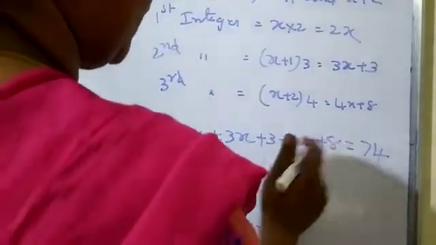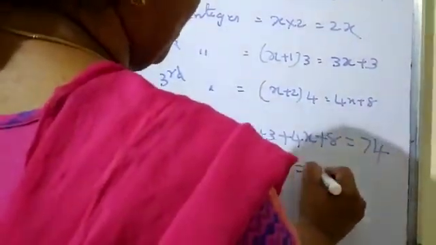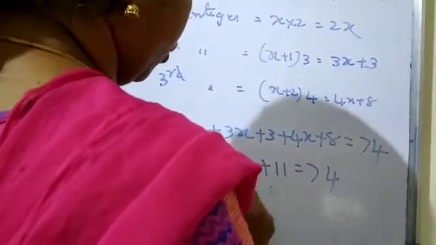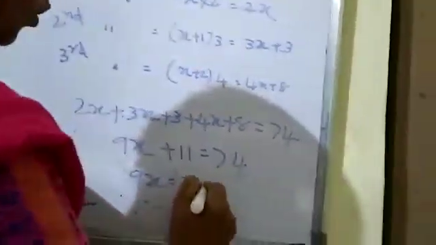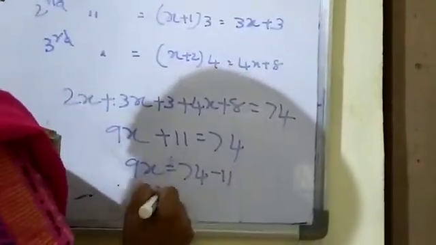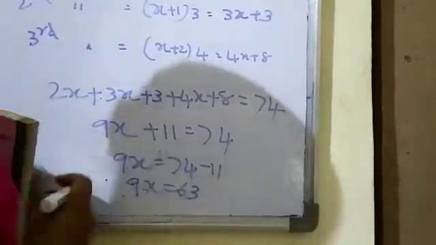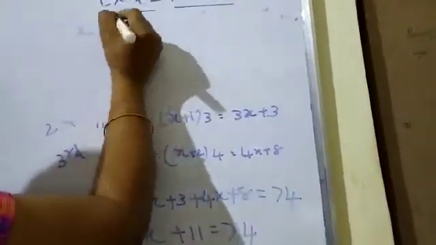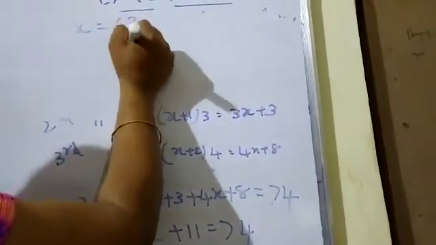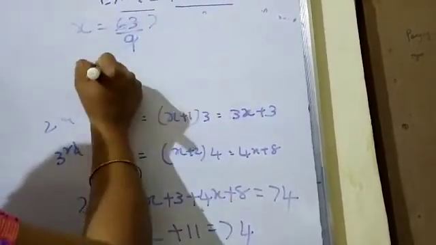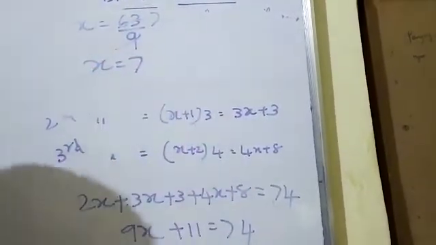Now 3 plus 8 is 11, which is equal to 74. So 9x is equal to 74 minus 11, 9x is equal to 63. Then x is equal to 63 by 9, which is 7. So x is equal to 7.